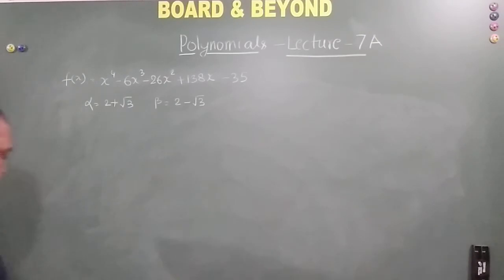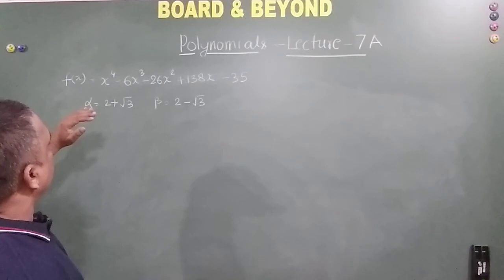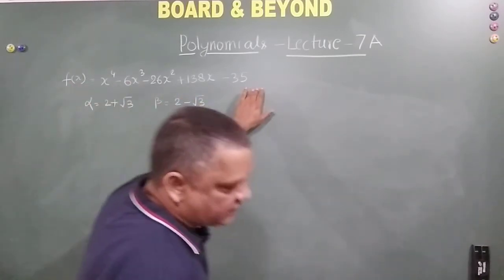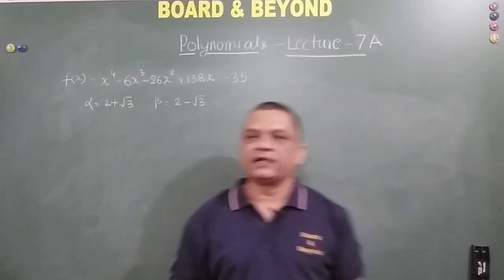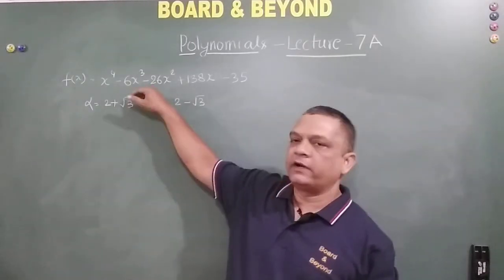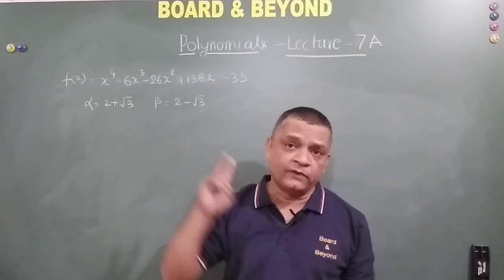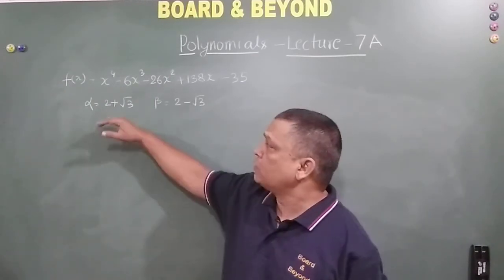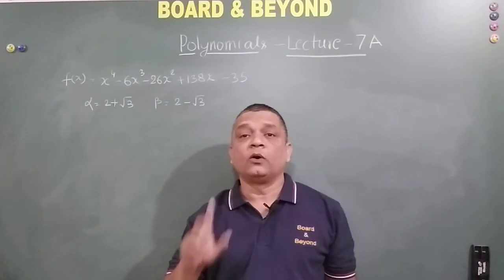Find other zeros. Okay. So friends, this biquadratic polynomial is given to us. The question says that if two roots for this polynomial are 2 plus root 3 and 2 minus root 3, find all other zeros.